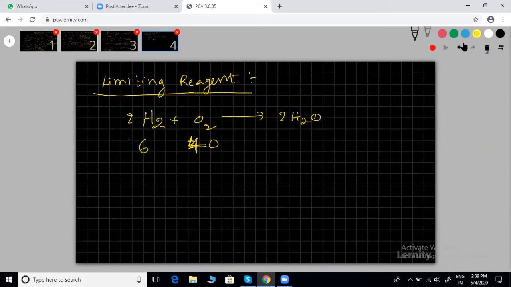So which is the limiting reagent, with 8 grams and 40 grams?